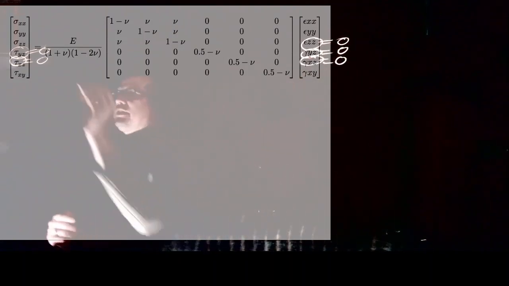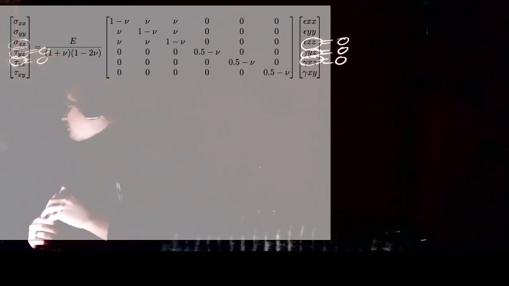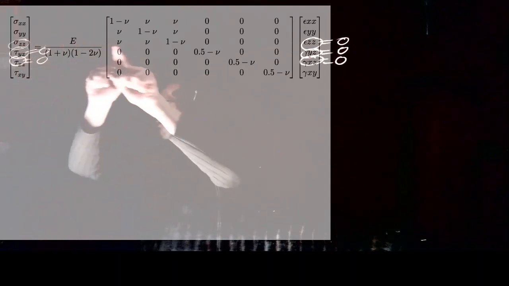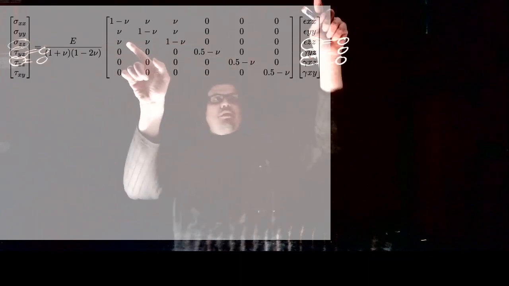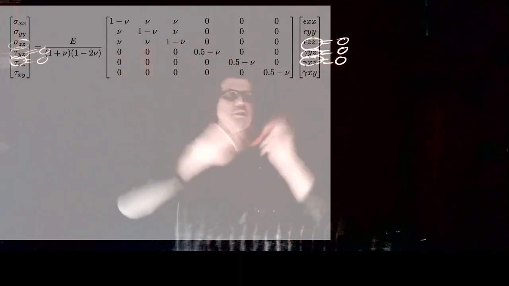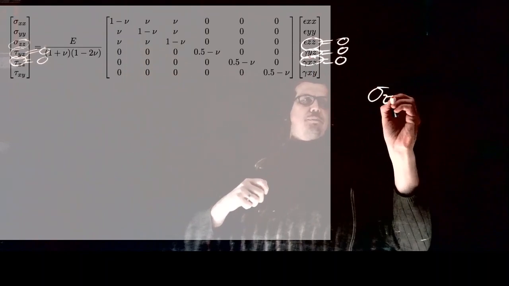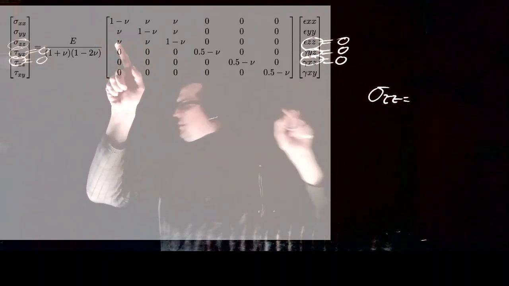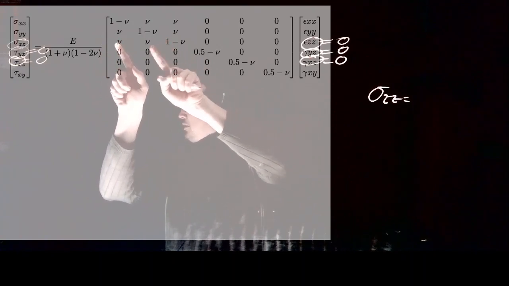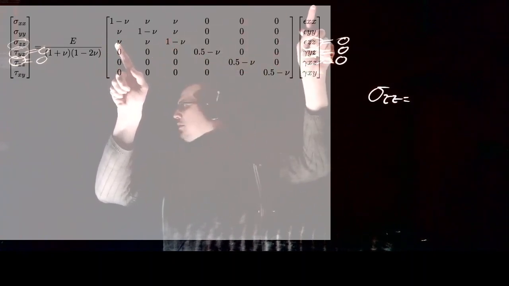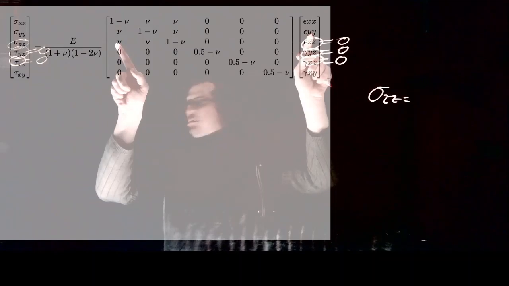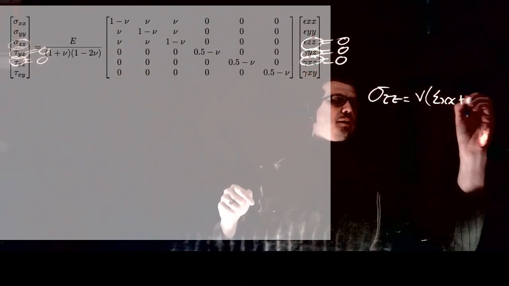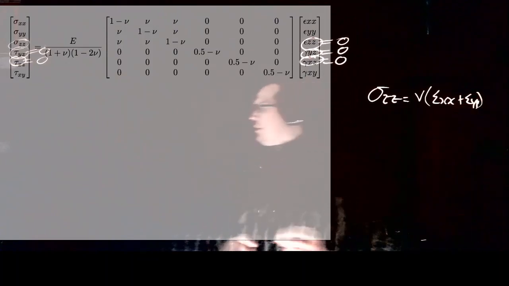And if I look at this last equation for sigma ZZ, I see that if I multiply this out with this, I can write down an expression for sigma ZZ directly. So sigma ZZ is equal to Poisson multiplied with epsilon XX plus epsilon YY. Okay, that's that.